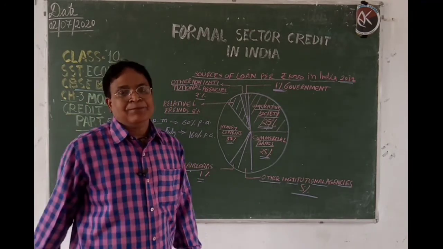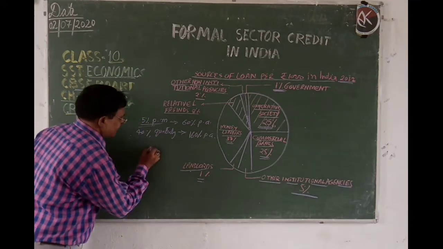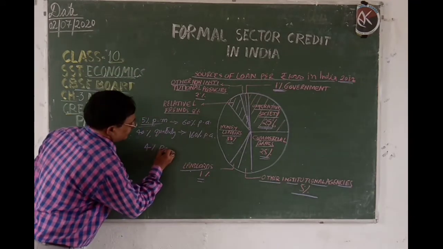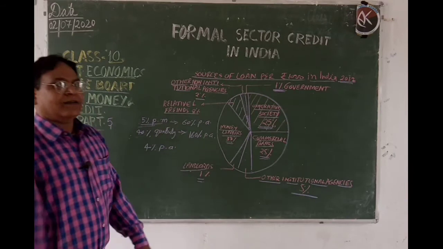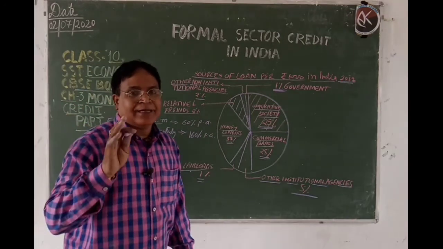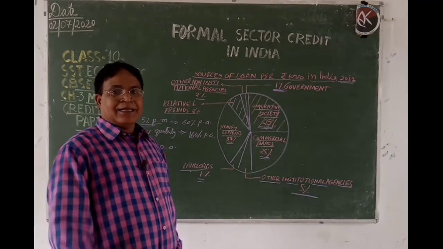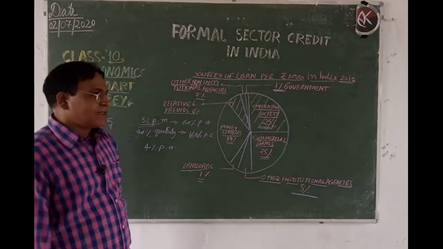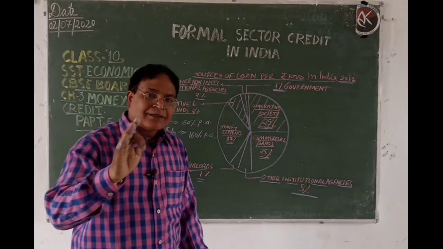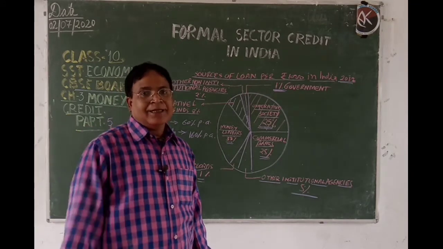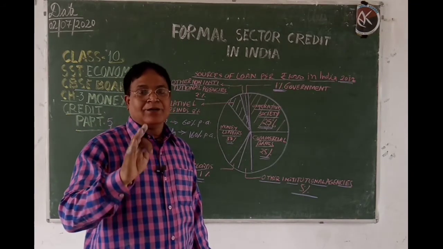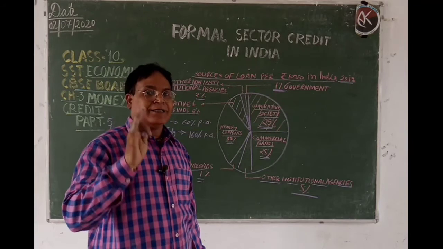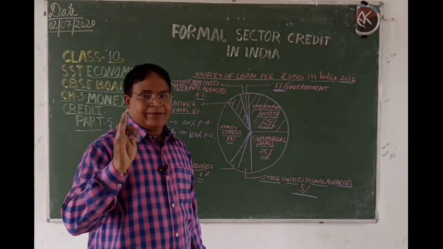That's why they provide loans at a cheap rate, that is 4% per annum interest. So children, you have understood that formal sector of loan credit is fruitful because it is supervised by Reserve Bank of India, a government body.